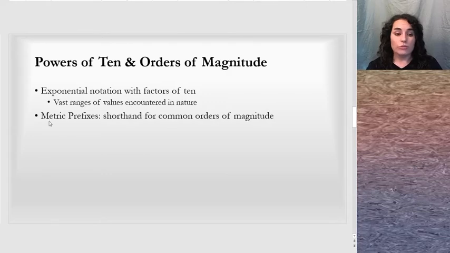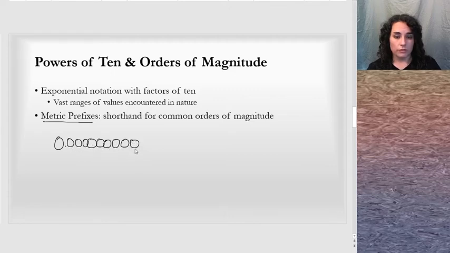But metric prefixes give us this shorthand for, if I have, let's say the size of a nucleus is like this. 1, 2, 3, 4, 5, 6, 7, 8, 9, 10, which is 5.29 angstroms.